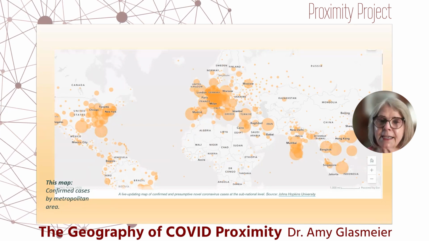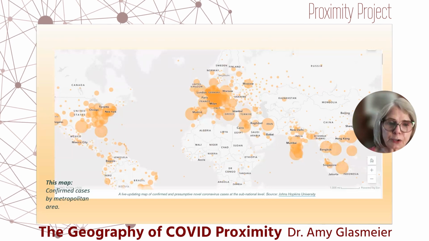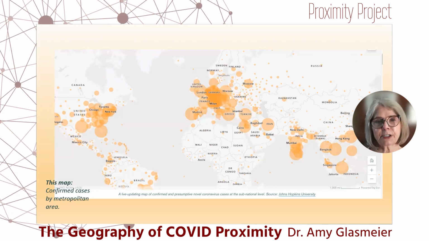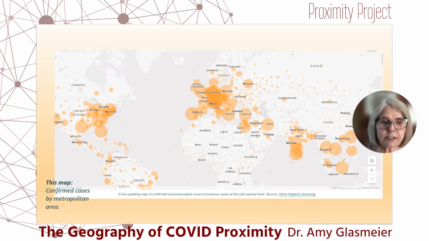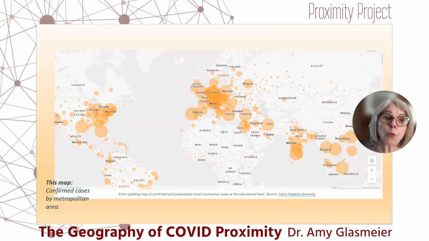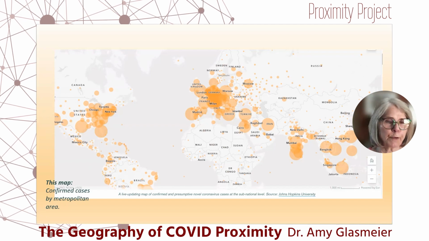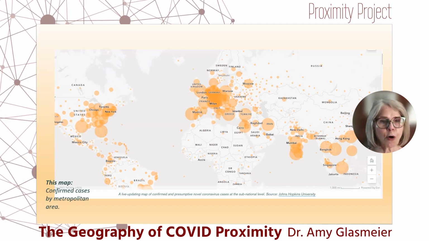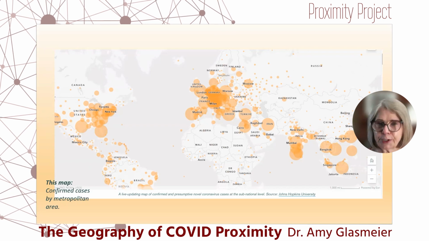Some of this is a little bit uncertain. One of the challenges during the COVID crisis was that we didn't have perfect information from all of the countries in the world. We didn't even have perfect coordination or perfect assistance from countries around the world.